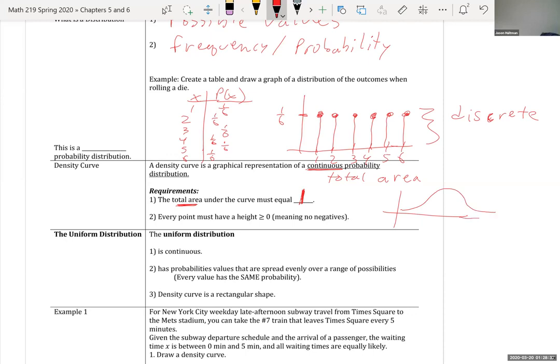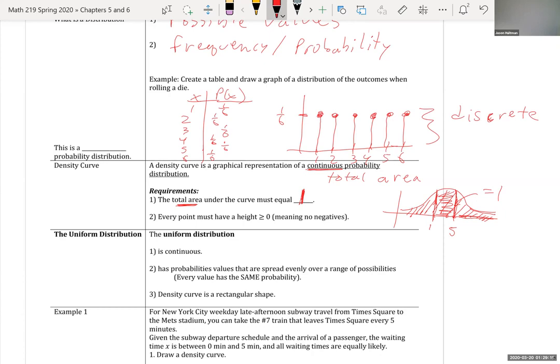When we talk about a normal curve or a bell-shaped curve, this is a probability distribution, and the area under the curve equals 1, and all of the probabilities are represented by area. So it's not what's the probability of getting a 1, it's what's the probability of getting 1 through 5. You have to take the area here.